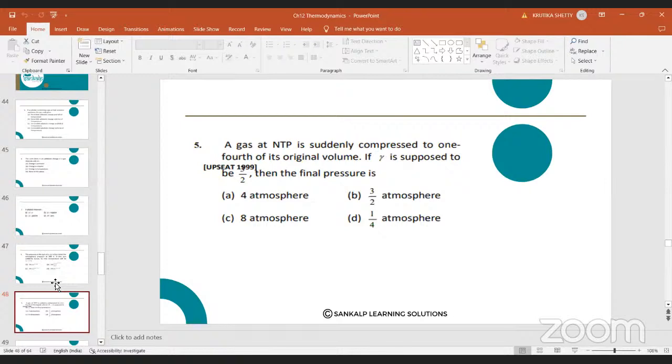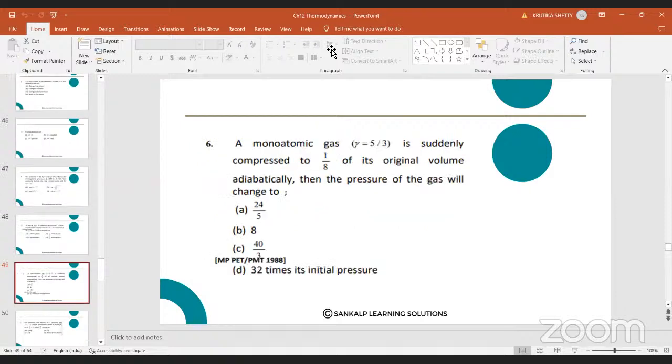A monatomic gas, for which gamma is 5/3, is suddenly compressed to 1/8 of its original volume adiabatically. Then the pressure of the gas will change to what? The question is displayed, try it yourself.